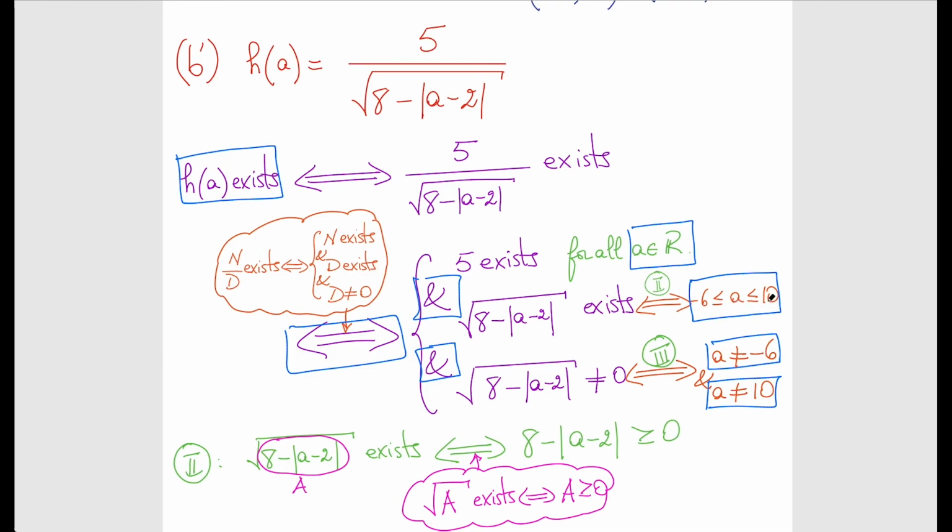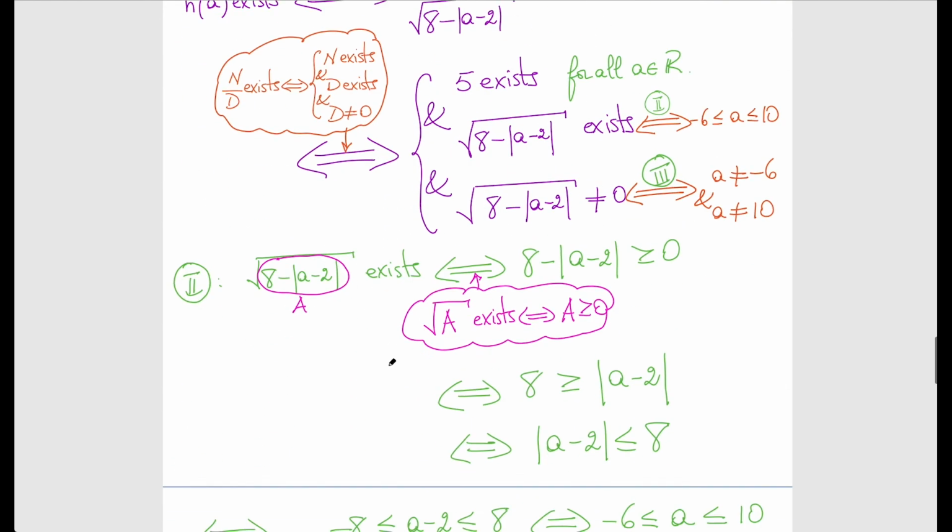Okay, so if you put things together, this is how you read it, and that's exactly what I'm gonna be doing next.